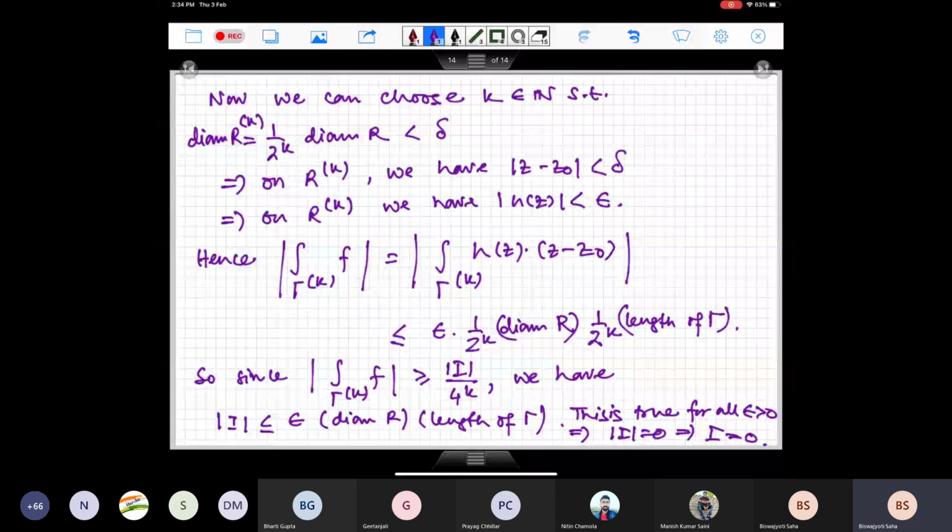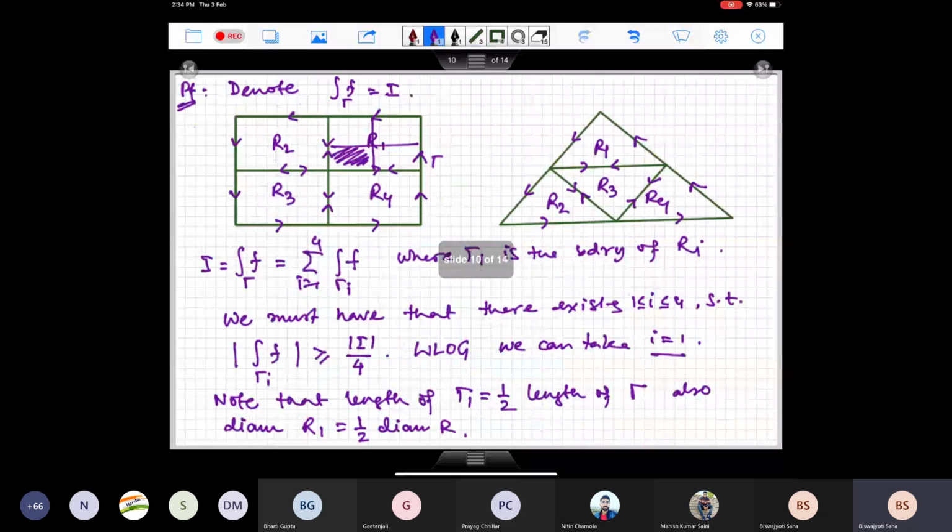In the sense I was telling you, at the time of applying Cantor intersection, we were taking the intersection of these rectangles. So it was important that when I apply Cantor intersection, the point that we get needs to be a point where our function is holomorphic.